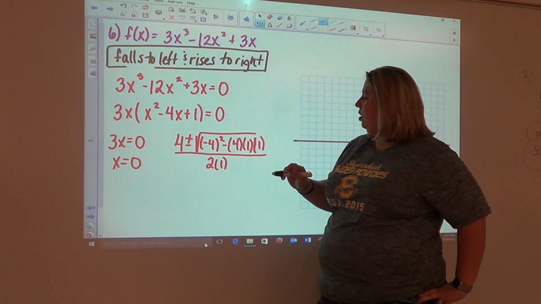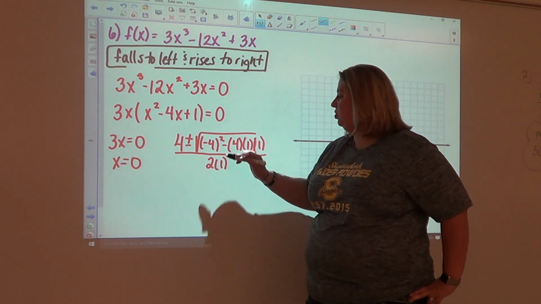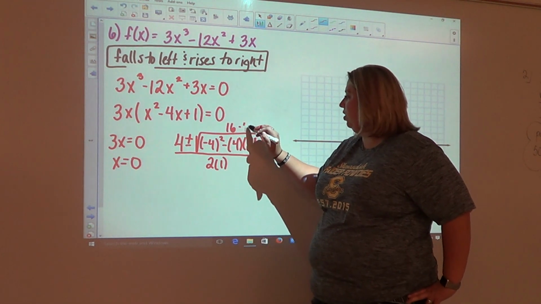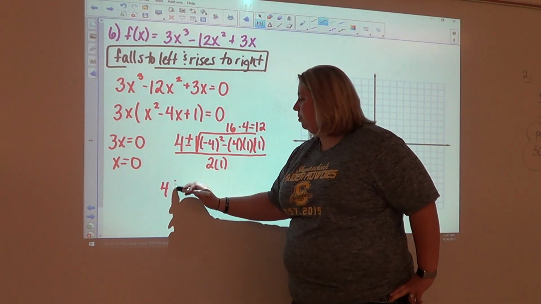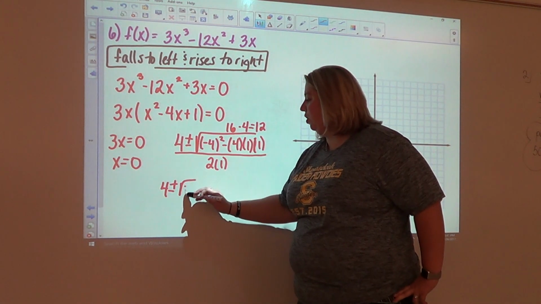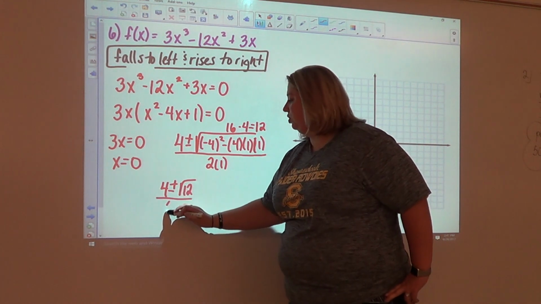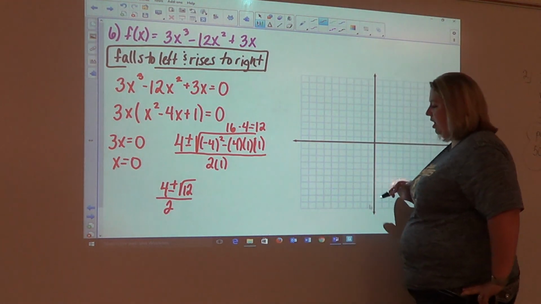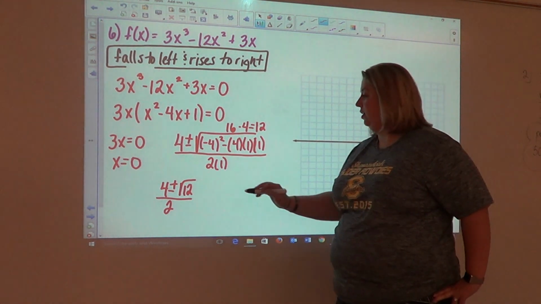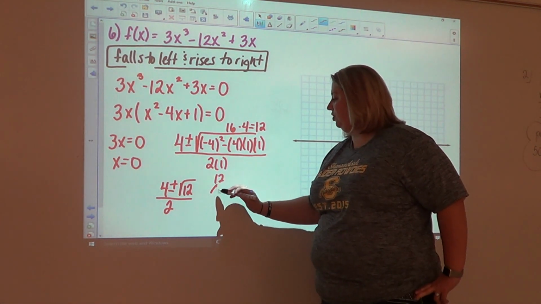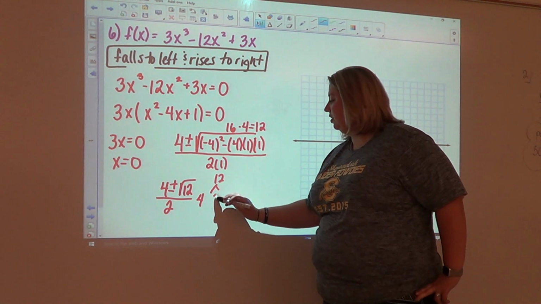Okay, so under the square root, that would be 16 minus 4, which is 12. So 4 plus or minus the square root of 12 over 2. Okay, is 12 a perfect square? So what do we have to do if it's not perfect? Factor tree, good.